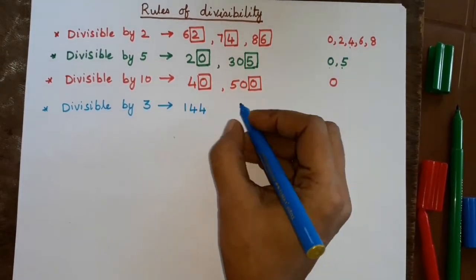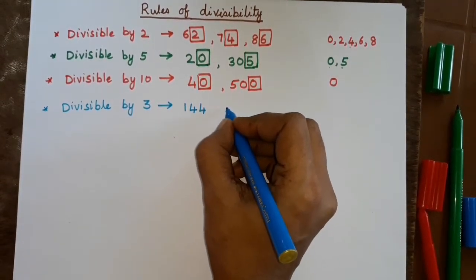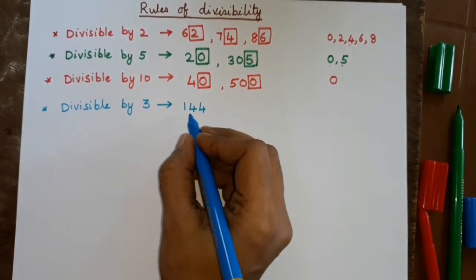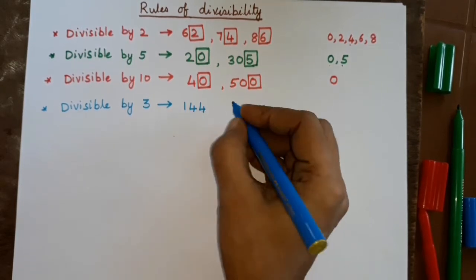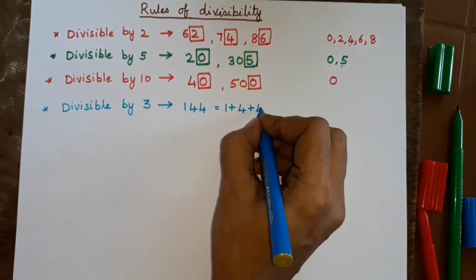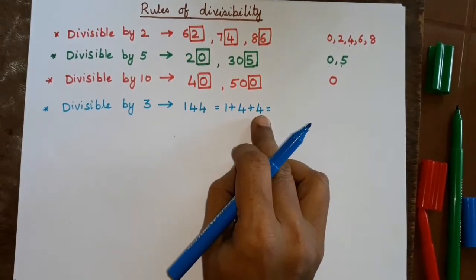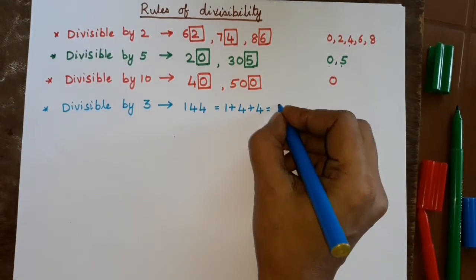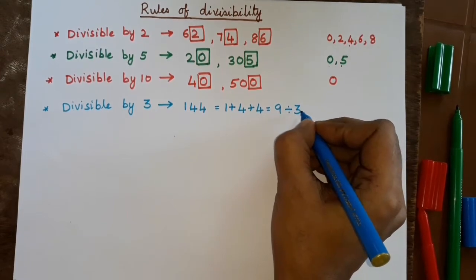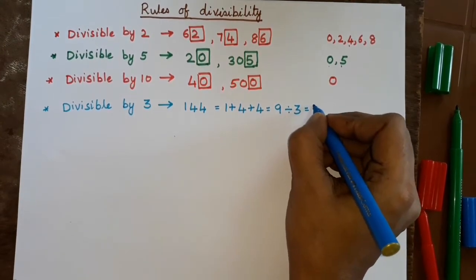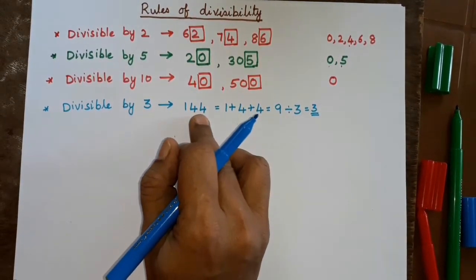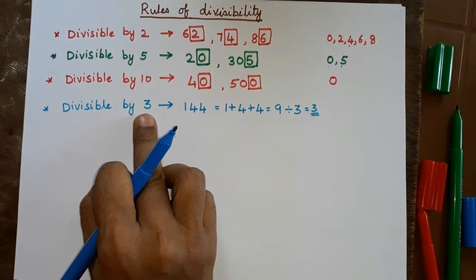So what we will do is find the sum of the digits. 144 has 3 digits, 1, 4 and 4. So we find the sum: 4 plus 4 is 8, plus 1 is 9. Is the sum divisible by 3? Yes, it is fully divisible. Then the given number 144 will be divisible by 3.